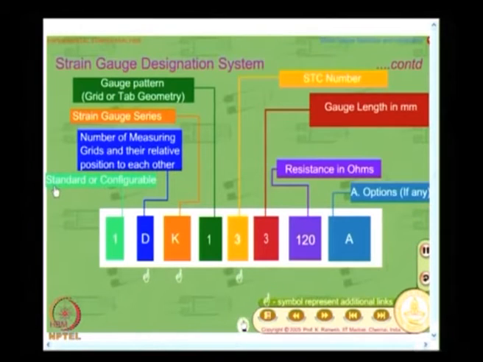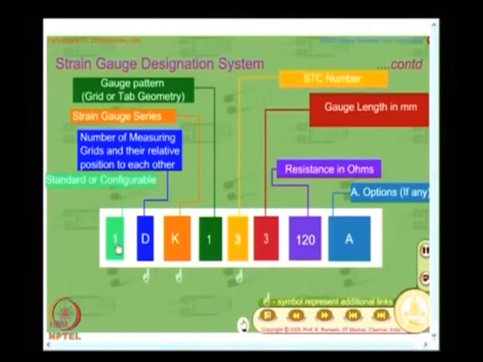He has first code as standard or configurable, and the second one is number of measuring grids and the relative positions to each other. Then he classifies this as strain gauge series. Then you have a gauge pattern. I wanted to make a note of this.